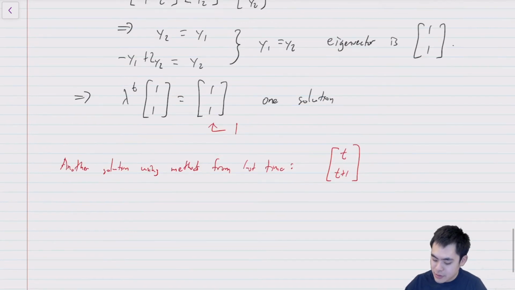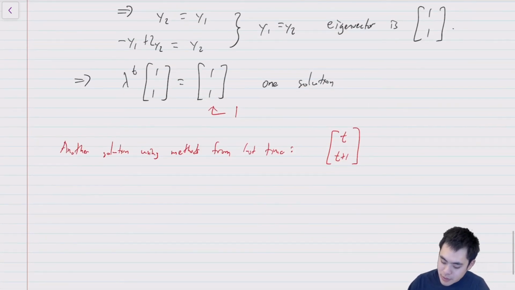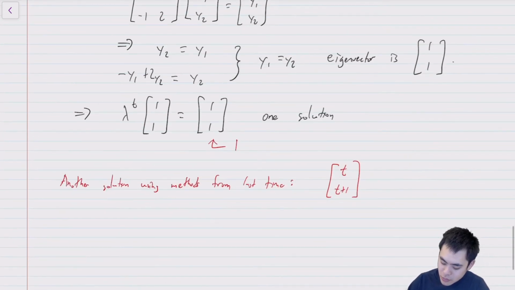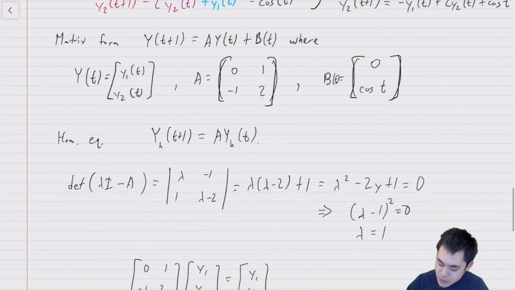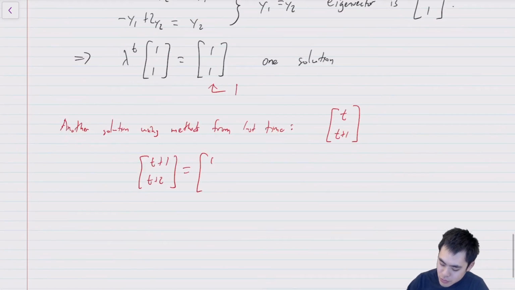And let's check this, just to make sure. So when we plug that in, what we have is t plus 1, t plus 2 is equal to, what was our matrix? 0, 1, minus 1, 2, times t, t plus 1. And if you multiply this out, well, that's t plus 1 as expected.